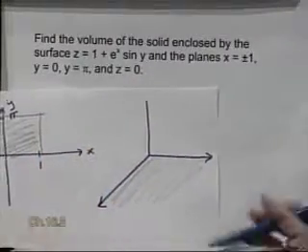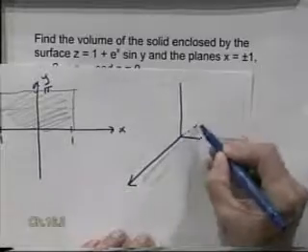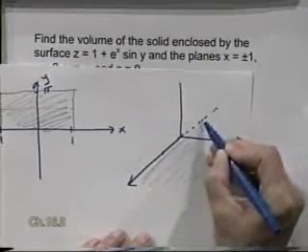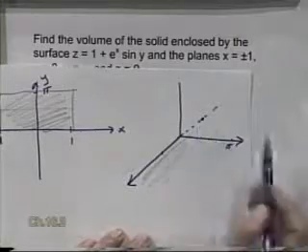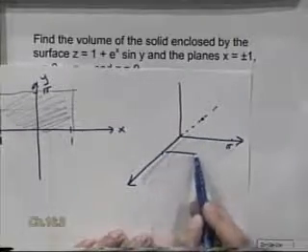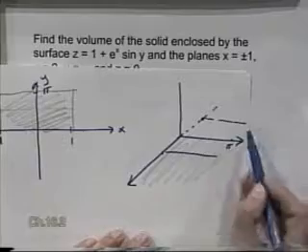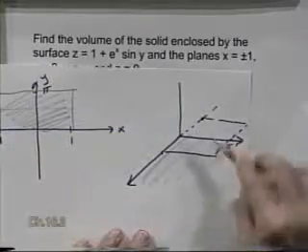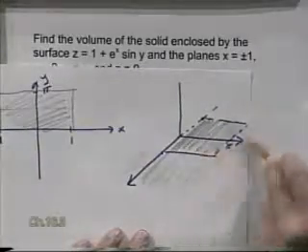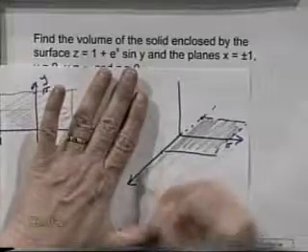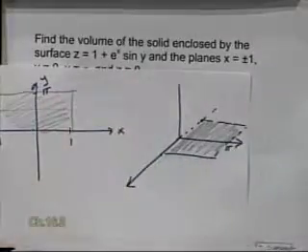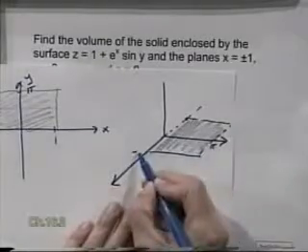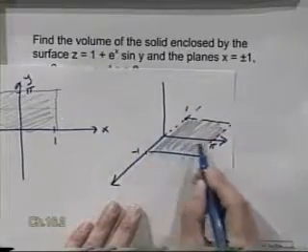Now notice, they're taking x ranging from -1 to 1, and y is ranging from 0 to pi. And our base is right here. Do you see that? That's what our base is, because we have x going from -1 to 1 and y going from 0 to pi.